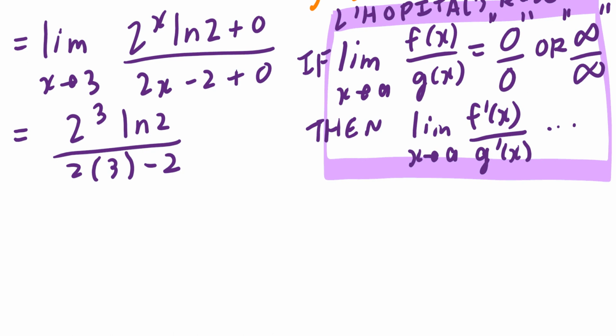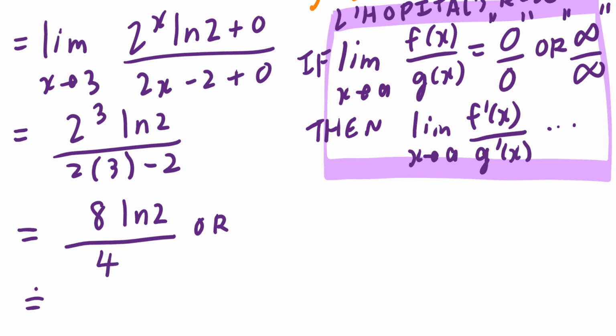Now, I am going to leave this in exact form. I'm also going to give you the approximation to 1 decimal place. So 2 to the power of 3, that's going to be 8 times ln of 2 divided by 2 times 3 is going to be 6. 6 minus 2 is going to be 4. So this really equals 2 ln 2.